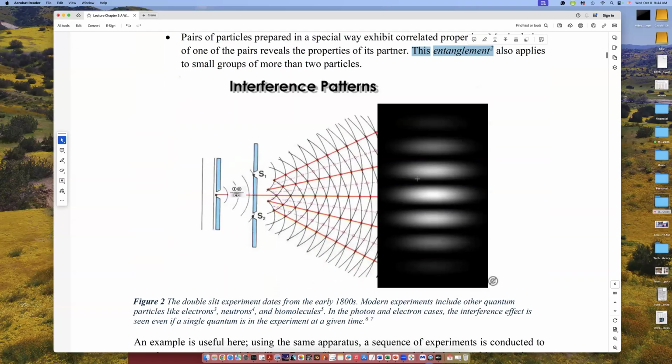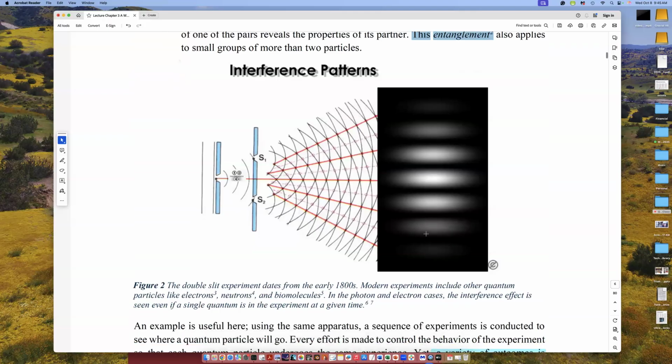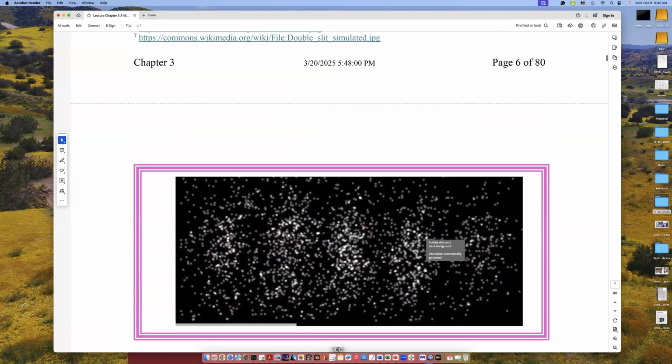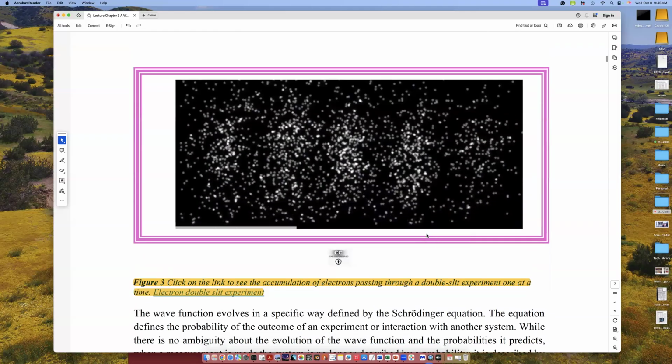So here's the canonical way to talk about the wave-particle duality: this experiment done by Thomas Young in the early 1800s. Light shining on two slits produces what we call a fringe pattern. And we now know, and I'm going to demonstrate it for you now, that electrons, these little things that prior to the invention of quantum mechanics were thought to be little microscopic physical entities.